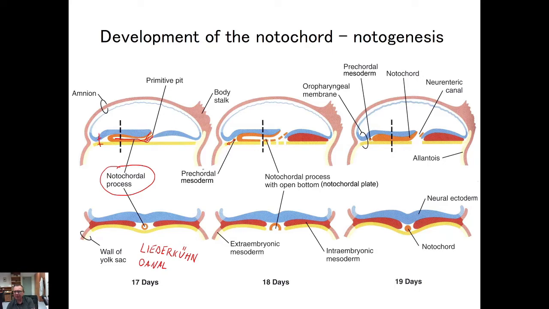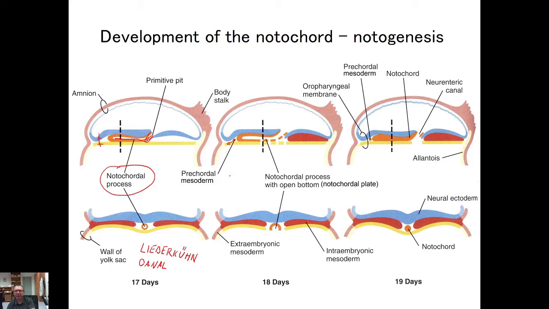Prechordal plate is something else than pre-notochordal cells or the pre-notochordal process. It is a group of cells which is serving as the inducer of the notochordal development, serving for chemotaxis of cells of the future notochord to grow cranially only and not to another side, and it is also very important for the later formation of nerve tissue and brain.